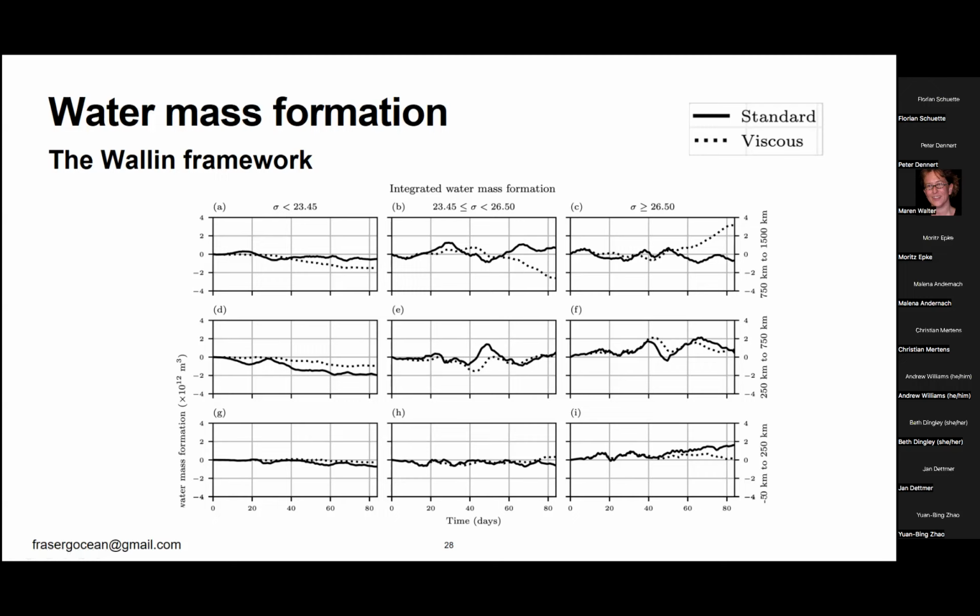And also, the viscosity suppresses the symmetric instability, but it can only do that for so long. And around about 8 kilometers north of the equator, it stops being able to suppress it completely. And then I guess a lot of pent-up energy is released, and we get the strong water mass formation and transformation rates. Change the diffusivity, only the viscosity.